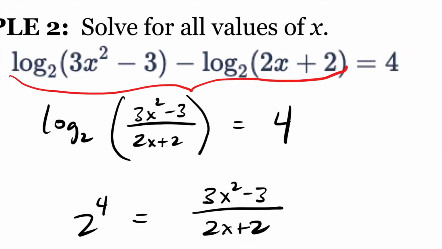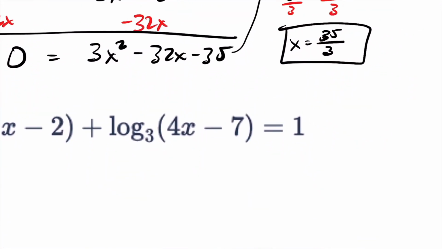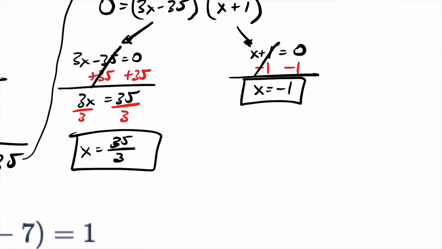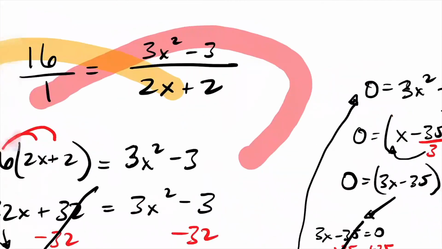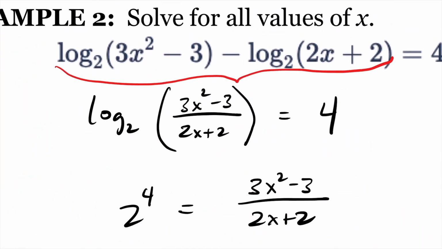Okay. So if I plug in -1 here, I'm going to get -2. And then -2 plus 2, 0. So I can't have 0 as an answer, only positives. So -1 is not going to be an answer. It's extraneous. Okay, so let's try 35 over 3.